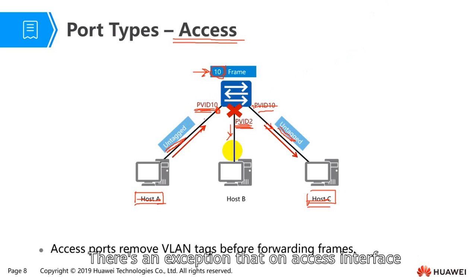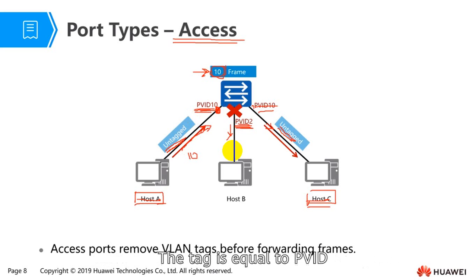There's an exception. On an untagged access interface, the switch can receive a frame with a tag. The tag is equal to the PVID. If the tag is not equal to the PVID, not equal to 10, then this frame will be dropped.